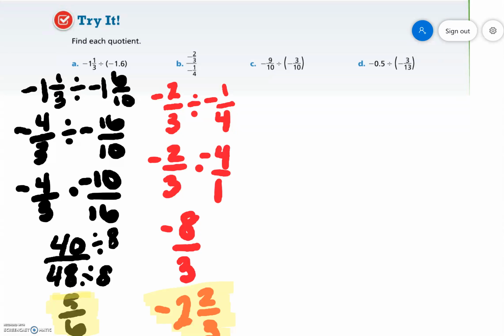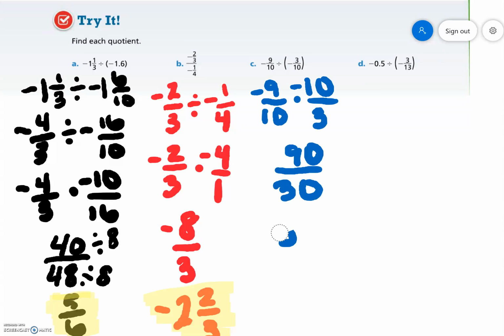If you didn't get that, check my work. I wrote it horizontally, stay, change, flip. I got an improper fraction, so I made it proper. Your answer for C is 3. Stay, change, flip, multiply across, and reduce. 90 divided by 30 is 3.